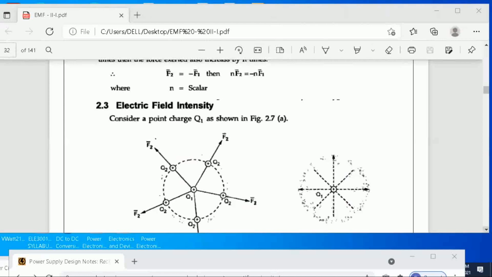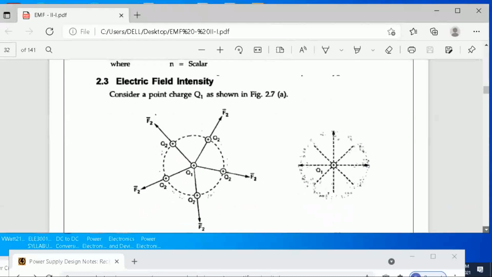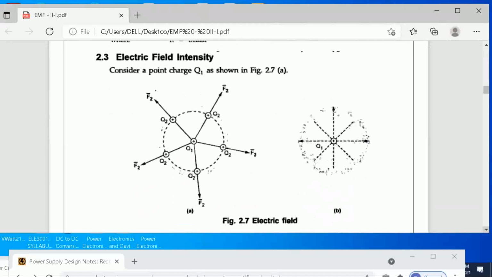All right, look at this. Okay, let's see how they explain it.